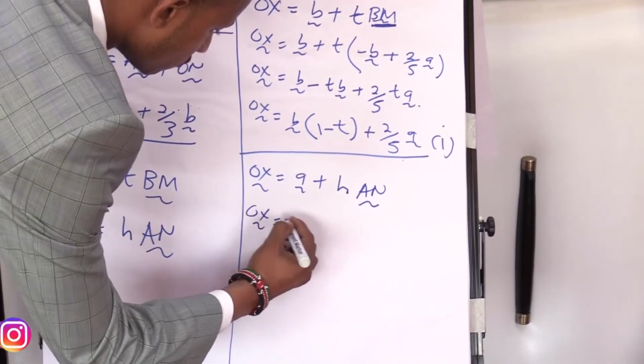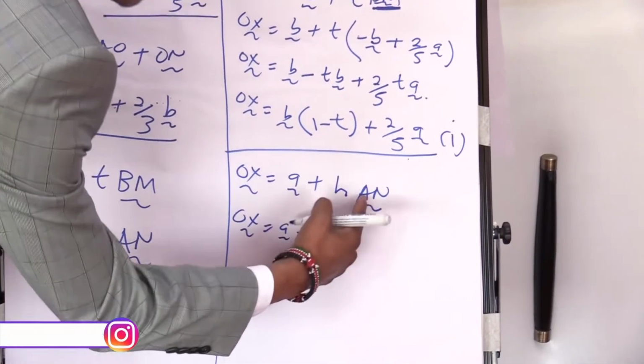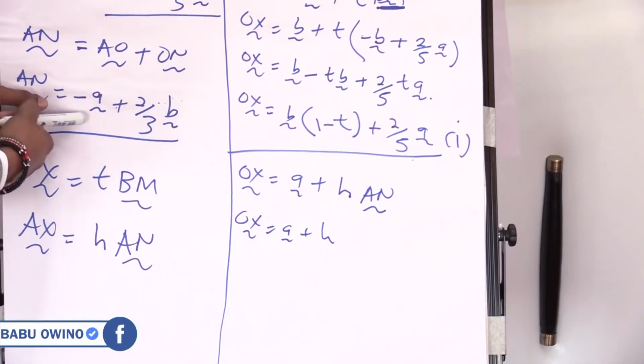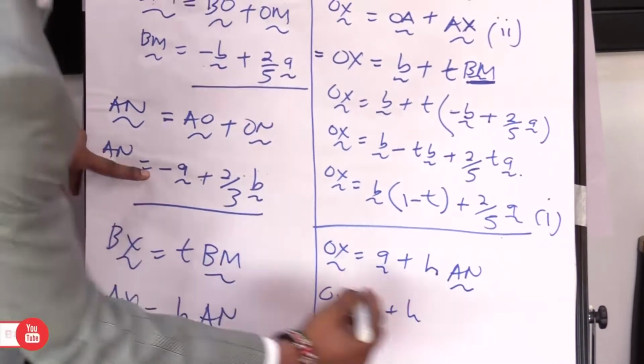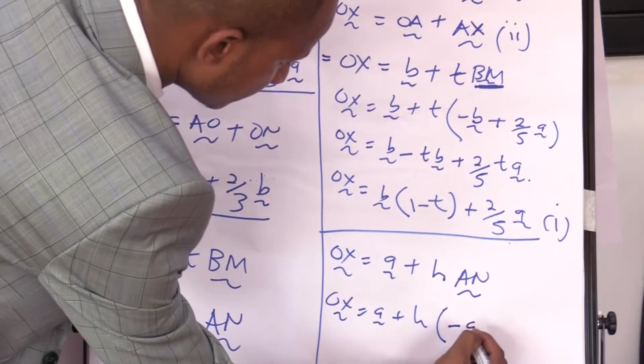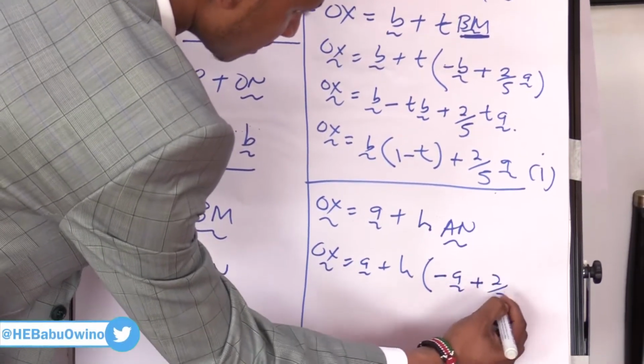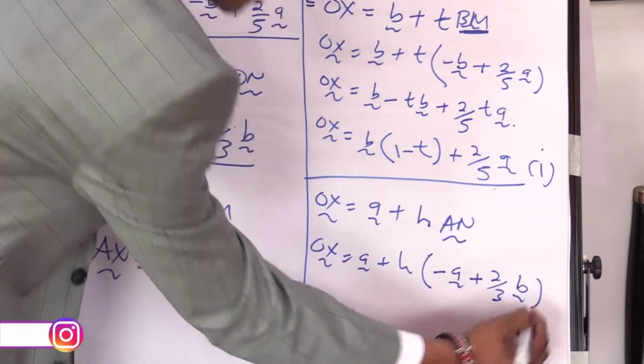So OX equals A plus H of AN. What is AN? AN is here. You already solved it up here, which is minus A plus 2 over 3 of B.